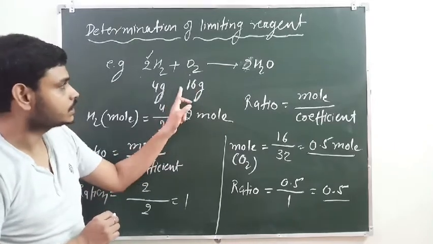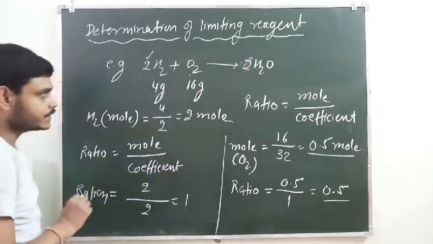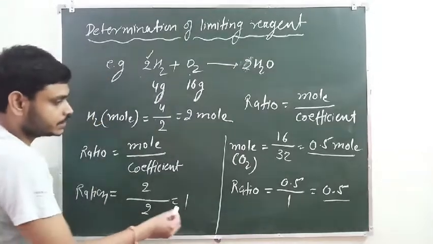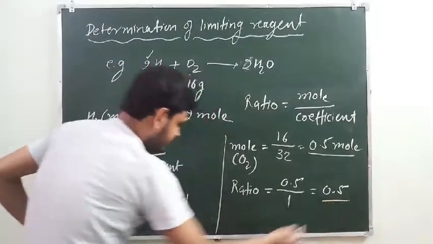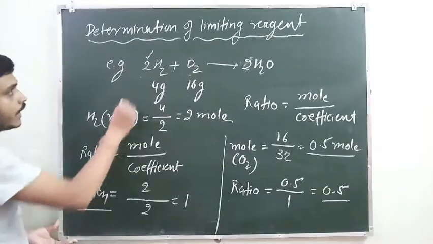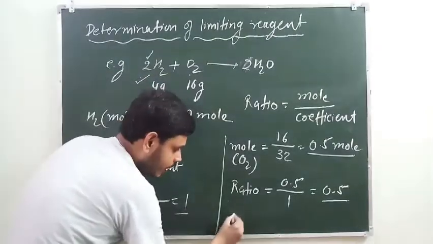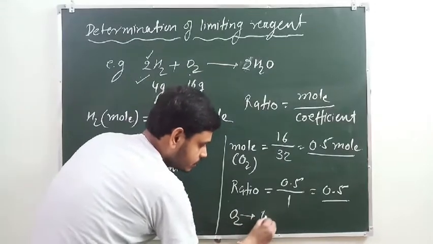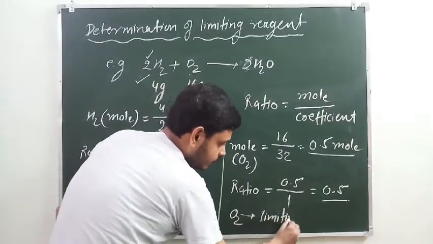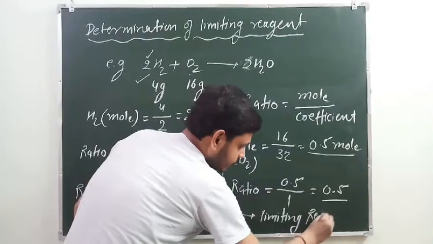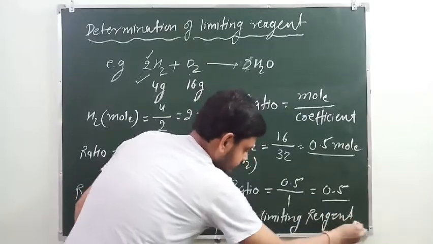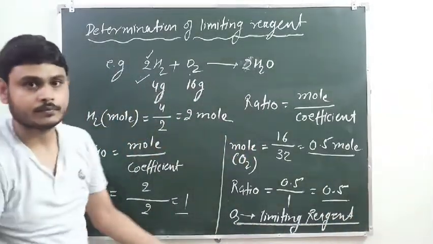So oxygen is the limiting reagent, because its ratio is the least at 0.5, and the ratio for the hydrogen molecule is 1. So oxygen is the limiting reagent. Clear?